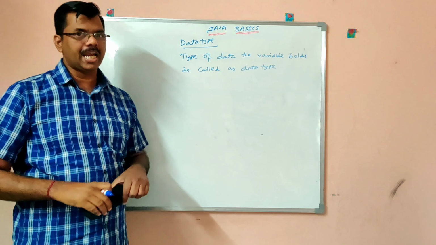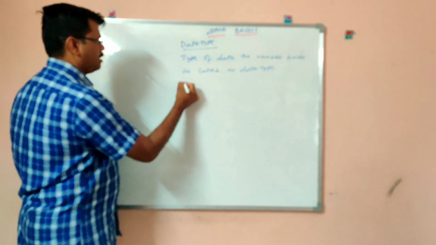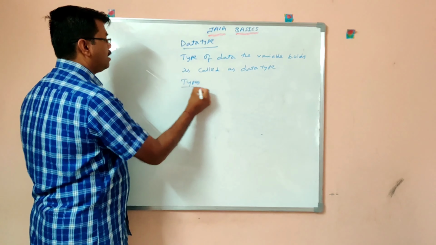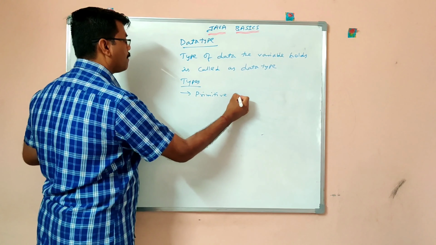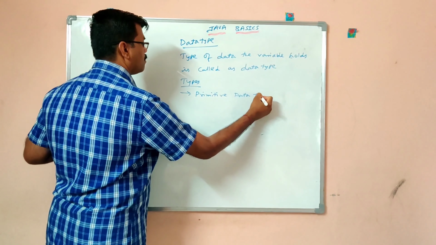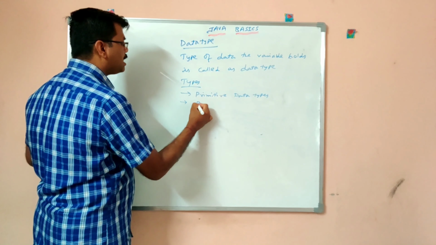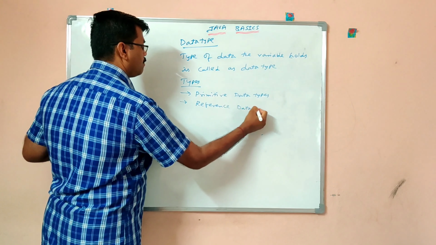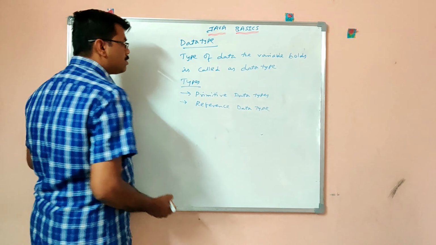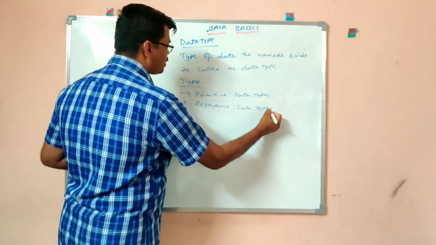In Java, we have two types: primitive data types and reference data types. Today let us see about primitive data types.